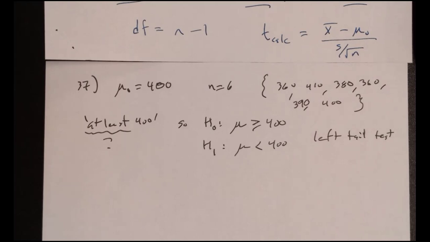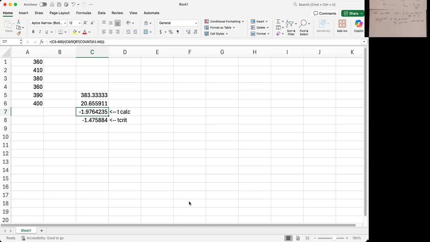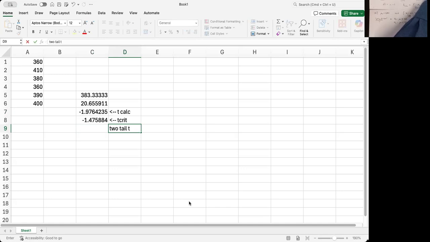Chris, what if I'd done a two-tail? What if I'd done a two-tail? Let me go back here for a second. The T-calc isn't going to change. The only thing that changes if I do a two-tail is T.INV.2T.